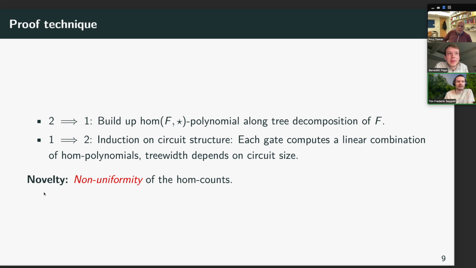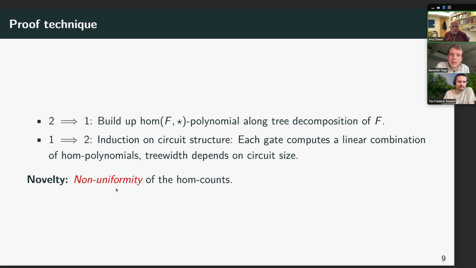But actually proving that a certain family of polynomials does not admit small tree width linear homomorphism polynomial combinations is quite difficult, and to the best of our knowledge, the only way of actually doing this is using similar techniques to what Anuj and Greg used in their unconditional lower bounds for symmetric circuits for the permanent.